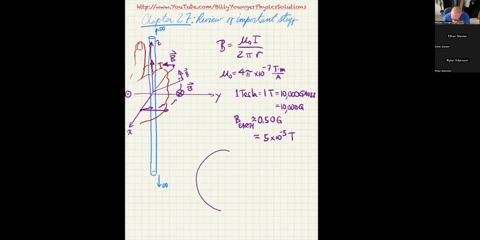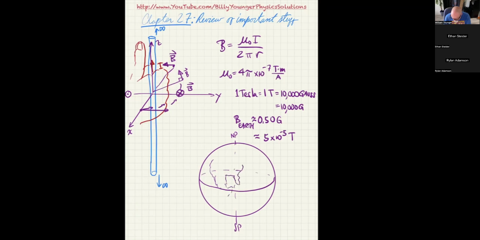Additionally, if you imagine the Earth as the circle right here, what we're going to do is picture this as our equator, and this is going to be North Pole, and down here will be the South Pole. What you can imagine, if you assume this is, for instance, the United States, and then it comes down around here, the Yucatan Peninsula, and there's Florida, something like that, somewhere in that kind of area.